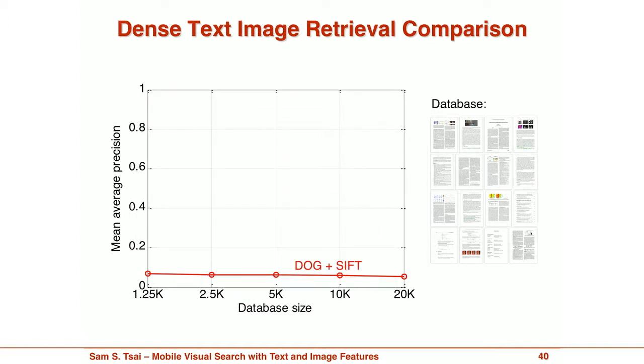And how does the retrieval perform? We test the retrieval performance for database sizes ranging from 1.25K to 20K. Shown at the bottom is the retrieval performance of SIFT descriptors. As mentioned previously, image features-based methods would break down.